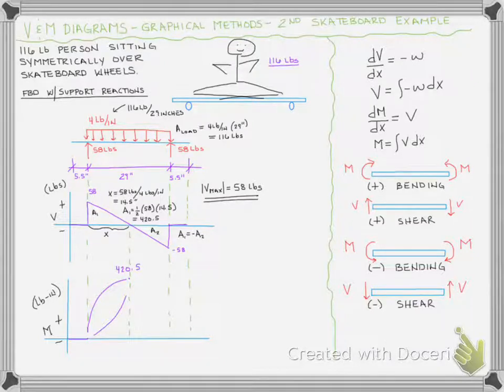As we look at the magnitude of the shear diagram, the magnitude gets less with every inch we go over. So every inch we're adding less and less magnitude of shear, so we're going to have less and less slope. Decreasing the magnitude of shear is decreasing the slope. So we'd be looking at having a decreasing slope.